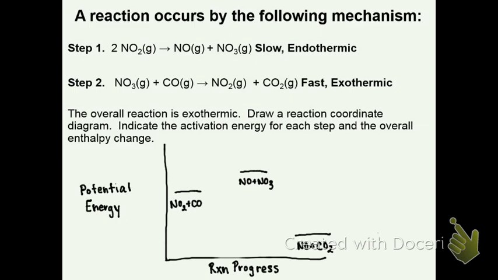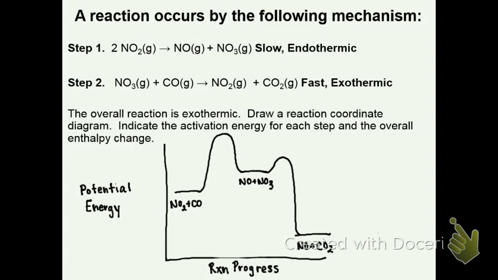And so we know that this must go through a transition state that's high energy. And then in the second step, another transition state is formed, and then our products form. So we can identify a few different values and species in this mechanism.